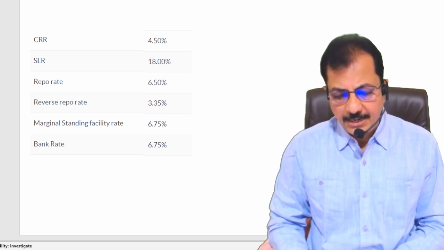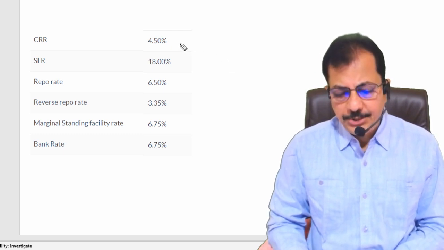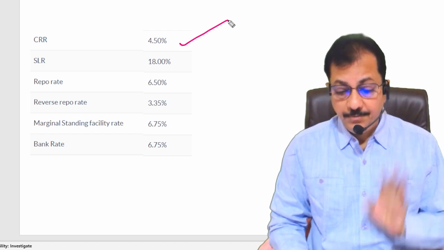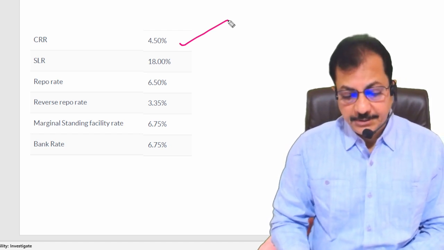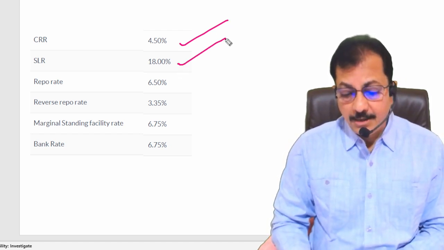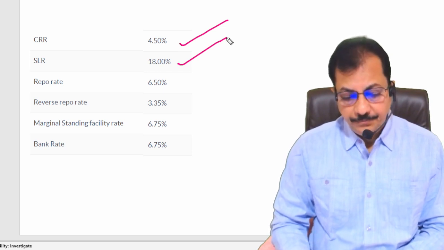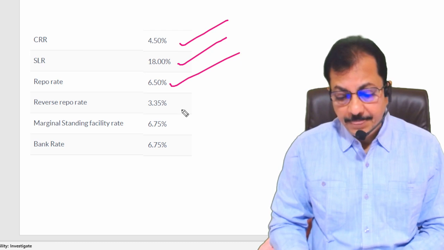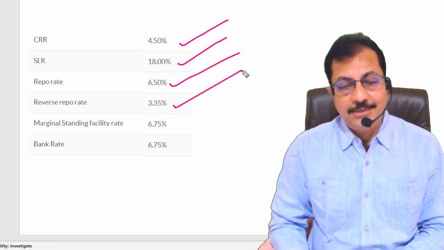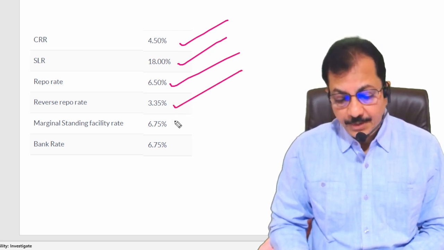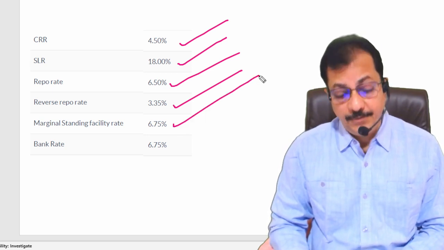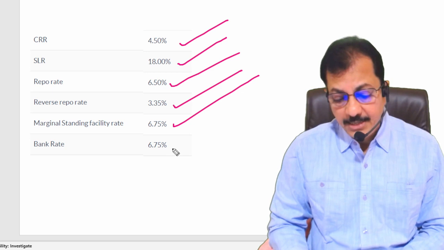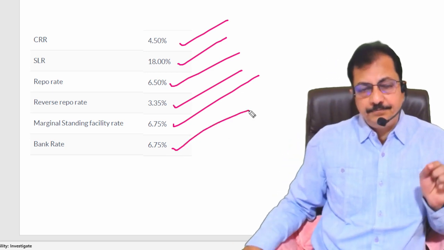CRR, please note down, cash reserve ratio, I'll explain it to you, 4.50%. SLR 18%. Repo rate 6.50%, reverse repo rate 3.35%, marginal standing facility rate 6.75%, bank rate 6.75%.